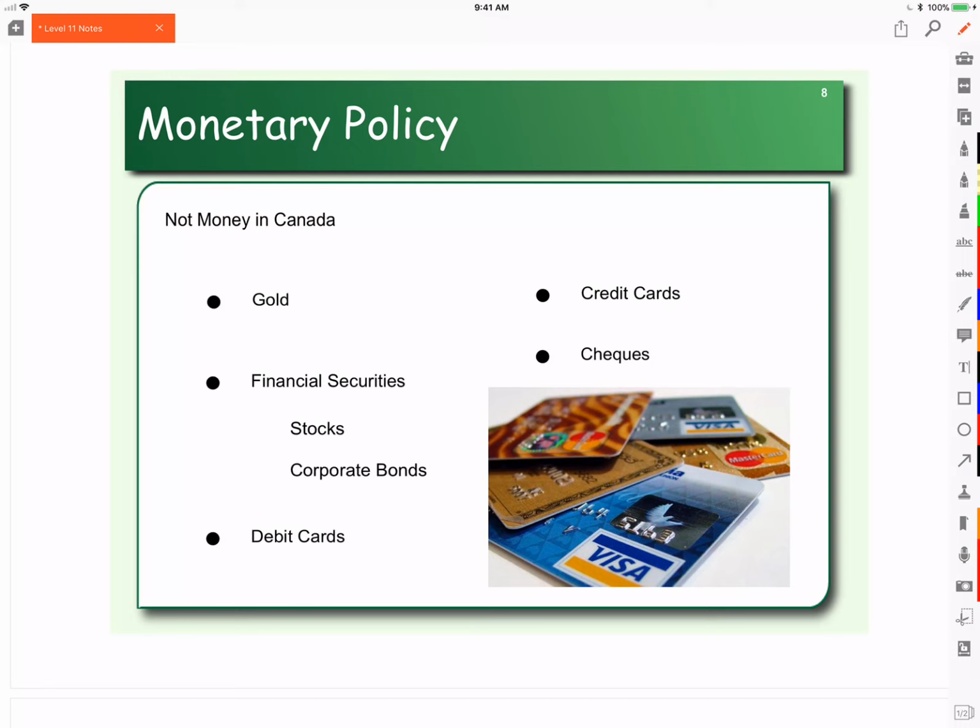Since our central authority is the one responsible for our money supply, corporate bonds issued by companies as a way to finance their expenditures, debt, an agreement to pay back later, are not considered money, because you don't have the same entity issuing the bonds as is in charge of our money supply. So financial securities like stocks and corporate bonds are not money.